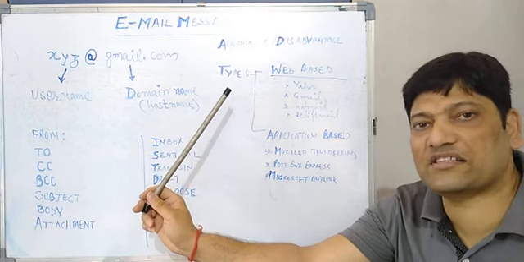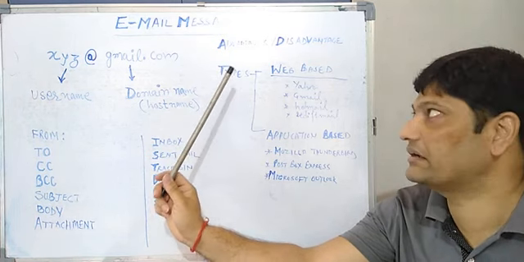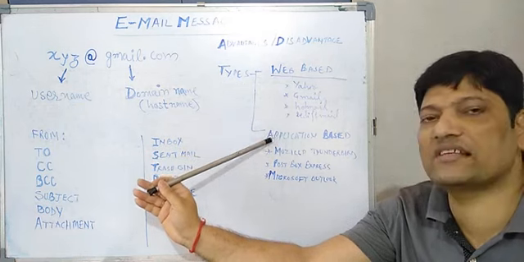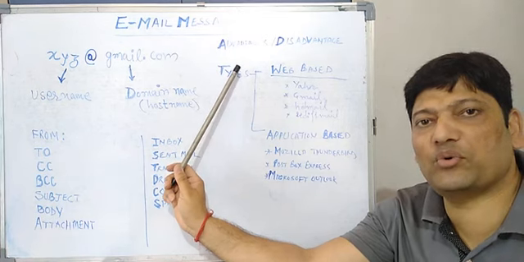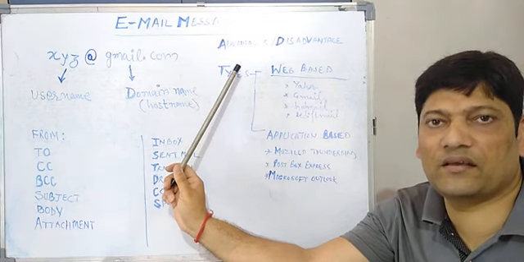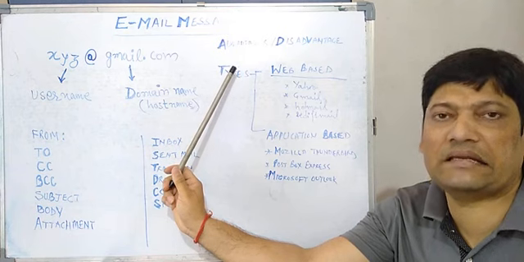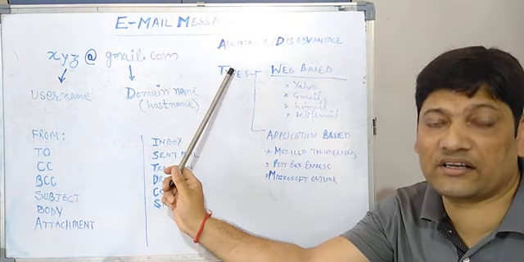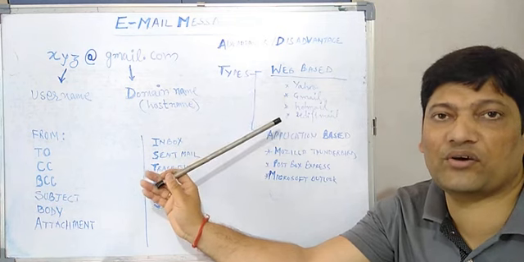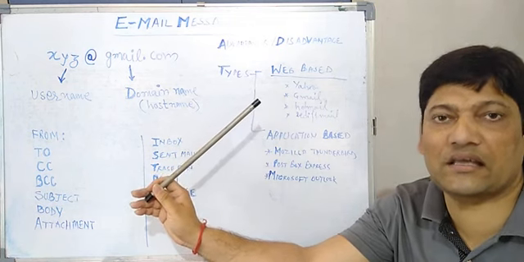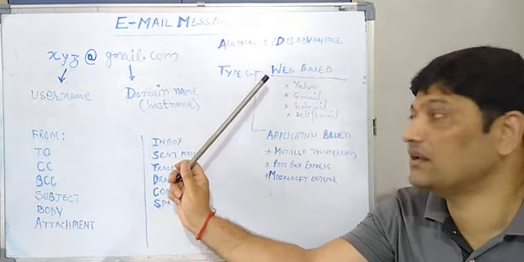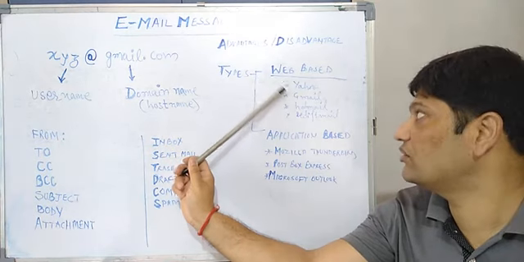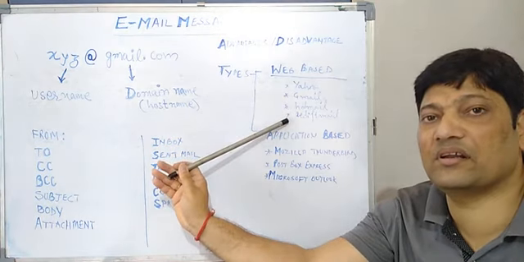Okay, so let me discuss the types of email. We can classify types of email into two categories. One is web based, the other one is application based. Web based means whenever you want to send an email, you need an internet connection. Without an internet connection, you cannot open your email account and you can't send the email. For accessing web based email, you have options like Yahoo, Gmail, Hotmail and Rediff mail.